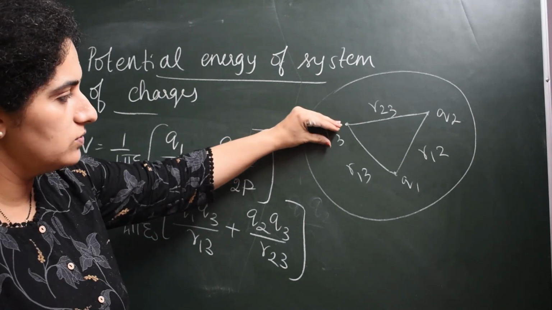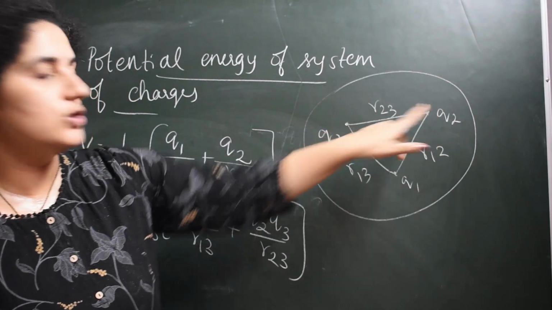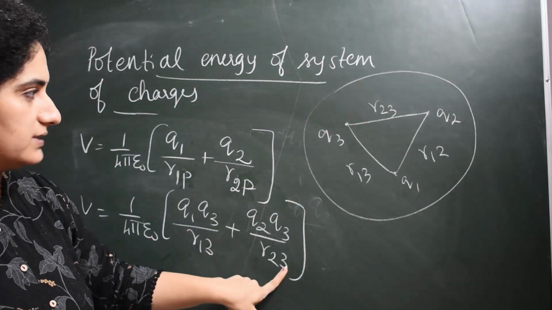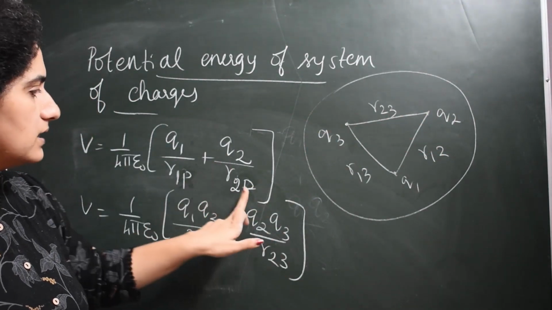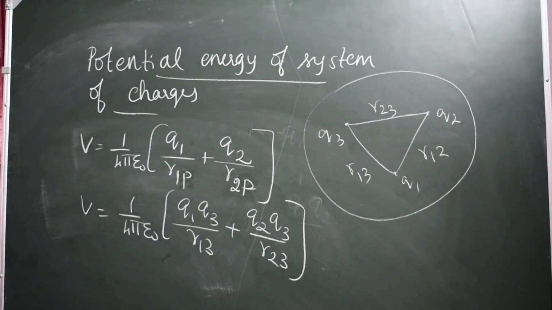You are bringing Q3 from Q1 at a distance of R13, and from Q2 at a distance of R23. So first we will consider only P, any point P, instead of the origin. Now we will find out the total potential energy stored in that system.